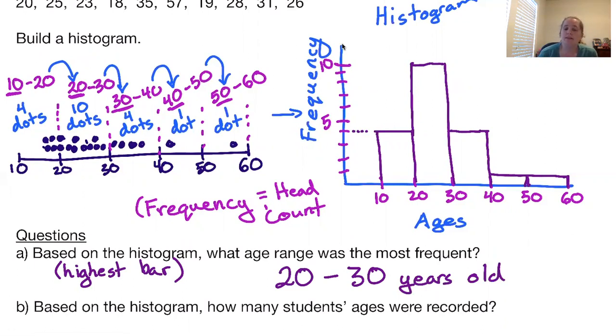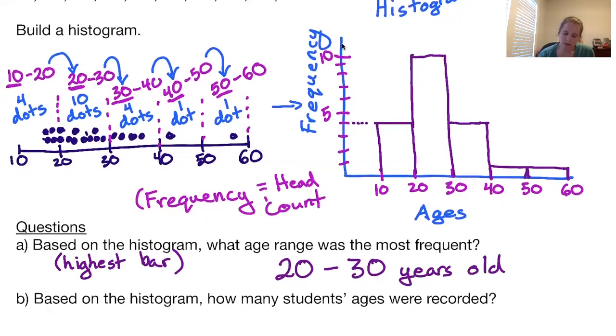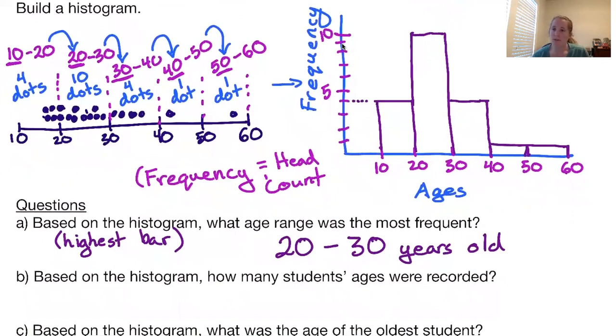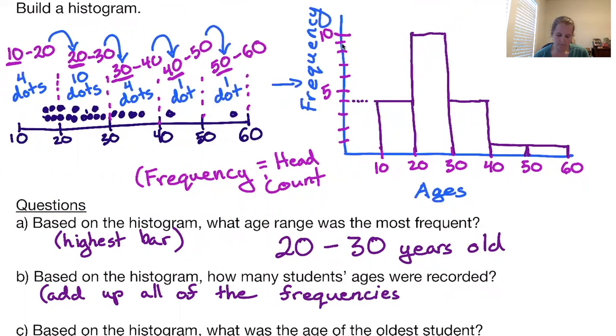Next up, based on the histogram, how many students' ages were recorded? If we didn't have the dot plot or the list of individual data values, the way we can do this is we can add up all of the frequencies. So we first need to count the frequencies.